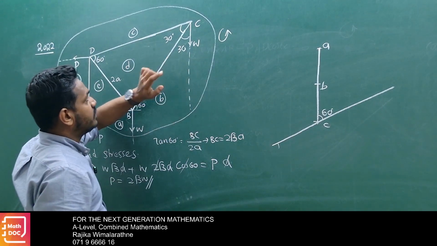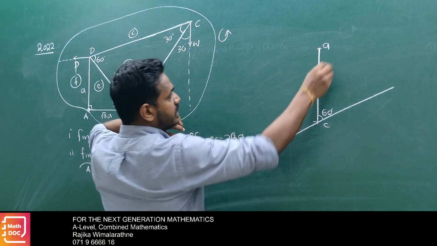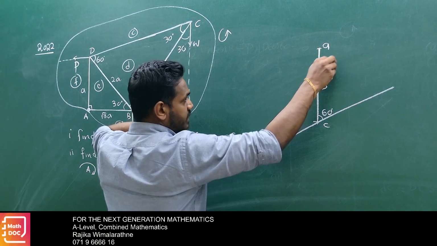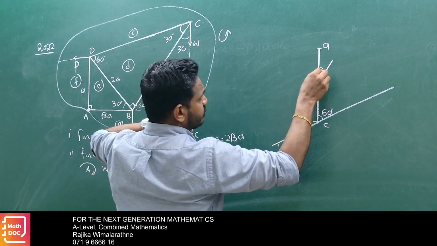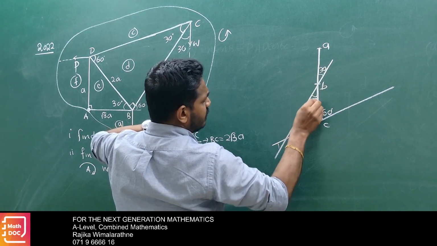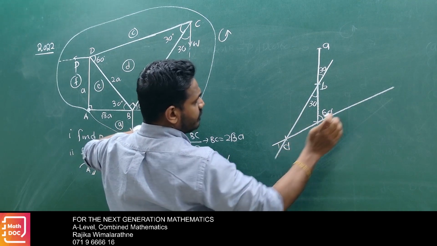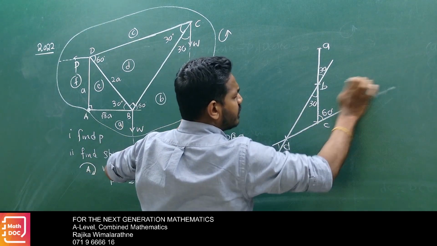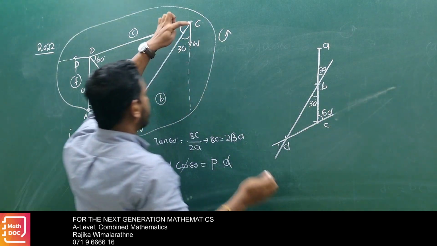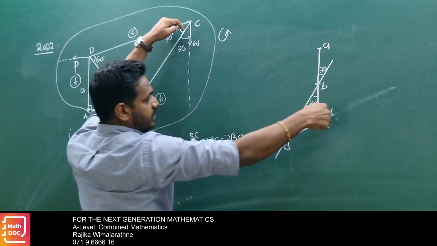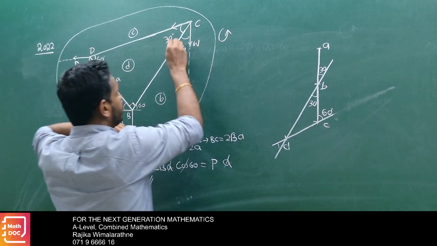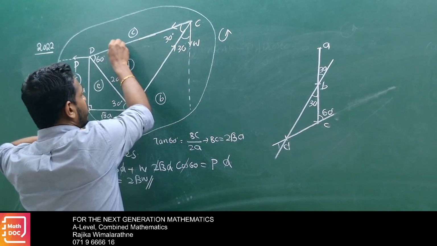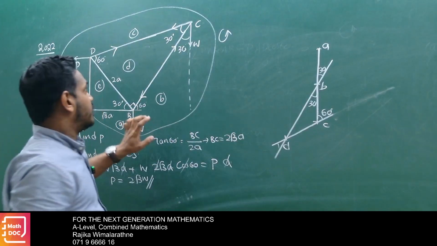Then DB to the vertical 30. Then here this will be D, no? D. At the same time mark forces CD this way, DB here this way. Then mark the opposite corners in the other opposite direction.